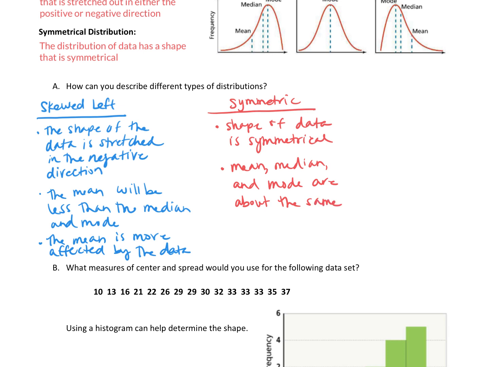Okay, now let's talk about if your data distribution is skewed right. The shape of the data is stretched in the positive direction.